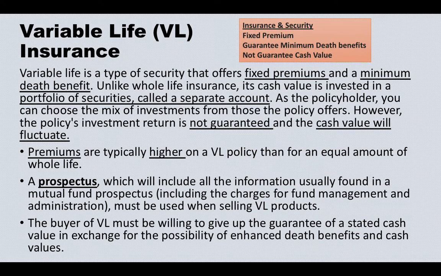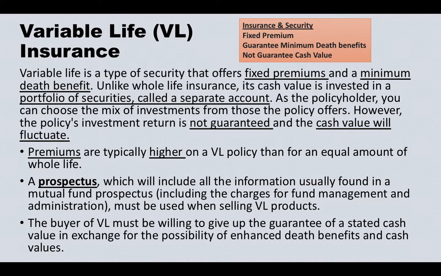To summarize, variable life insurance is both an insurance and a security product. It requires you to pay a fixed premium for the life of the contract, right? Then they guarantee a minimum death benefit.